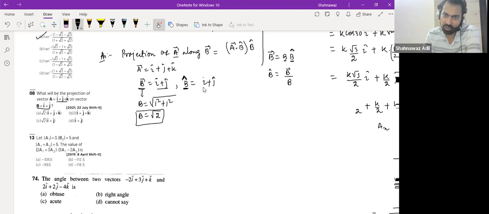So B hat would be vector B divided by this magnitude, so i plus j divided by root 2. Yes, so you guys remember now.